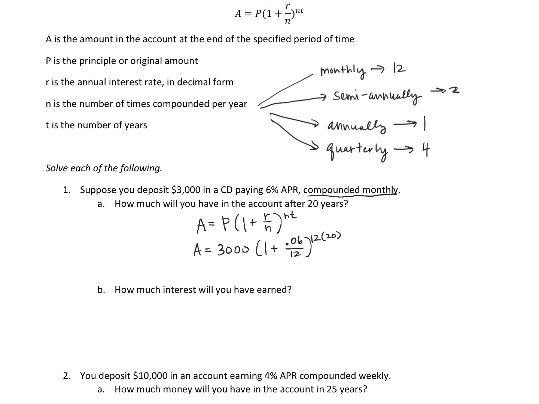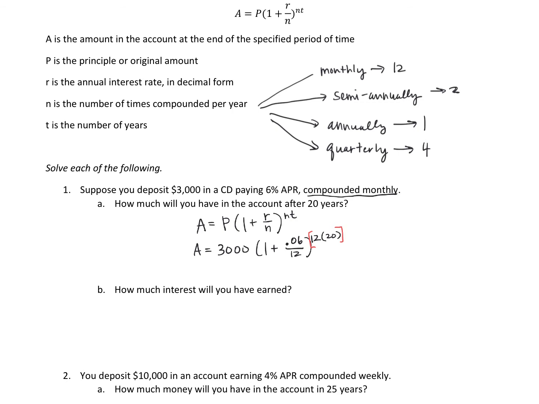Now be careful how you put this in your calculator. You need to make sure you're careful with the decimal and the parentheses. So if you're trying to put it all in at once, let's say in a scientific or graphing calculator, make sure you put your entire exponent in parentheses, or just do it ahead of time.